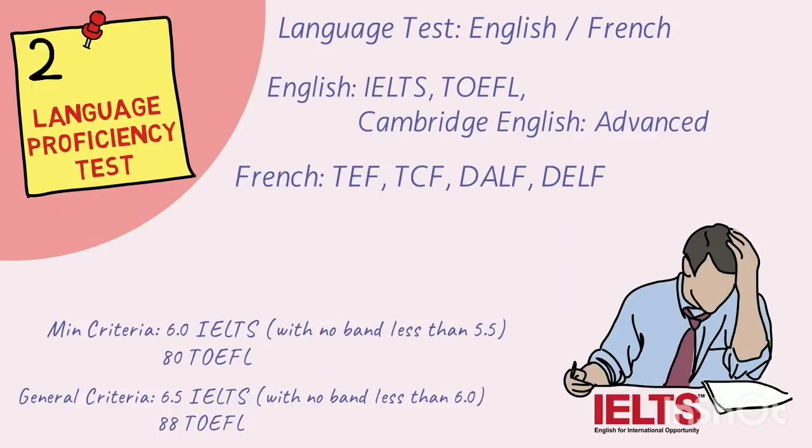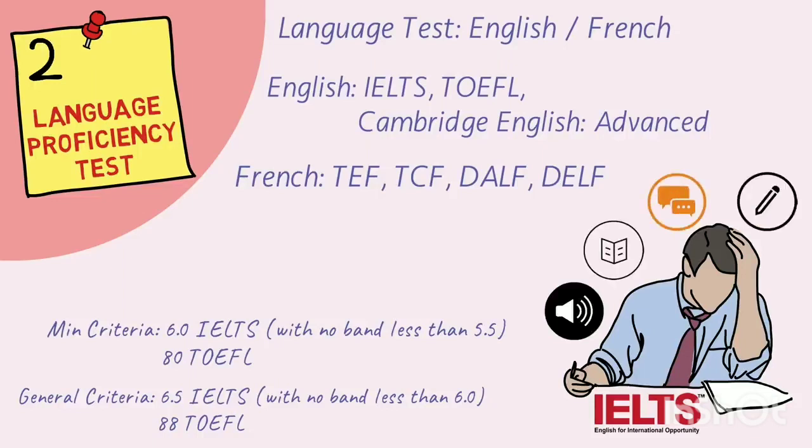So you have 4 different bands: listening, reading, speaking and writing. For the general criteria, in all those 4 you should not get less than 6. But as I told you, it does differ from one university to the other, from one college to the other. So you should definitely look for the exact requirement so that you have a clear goal in your mind: this is your requirement and this is what you have to get.